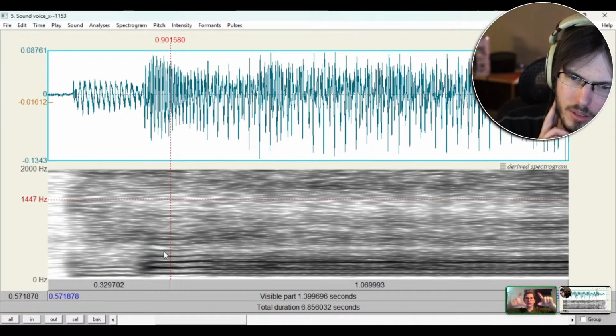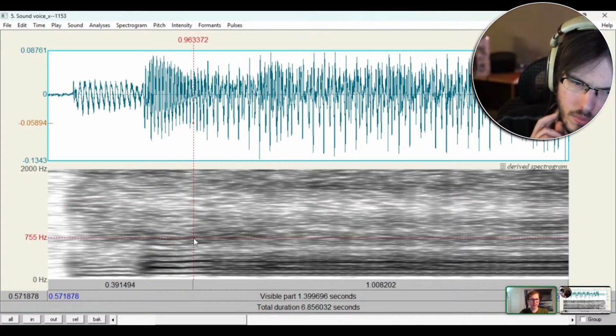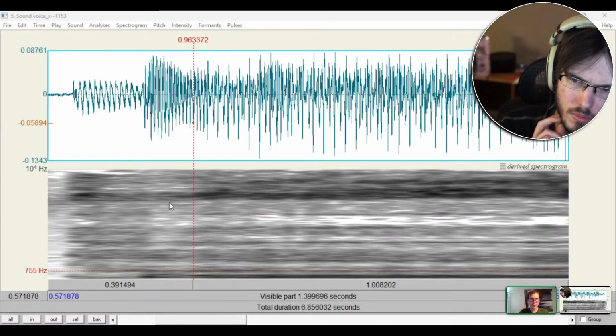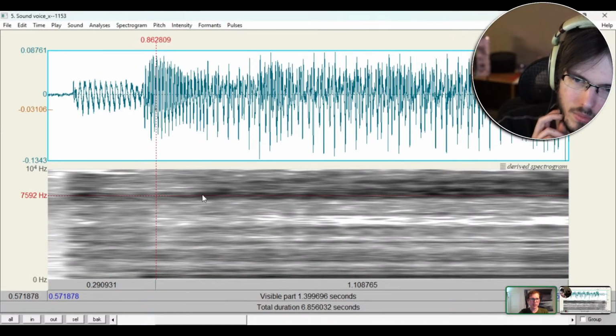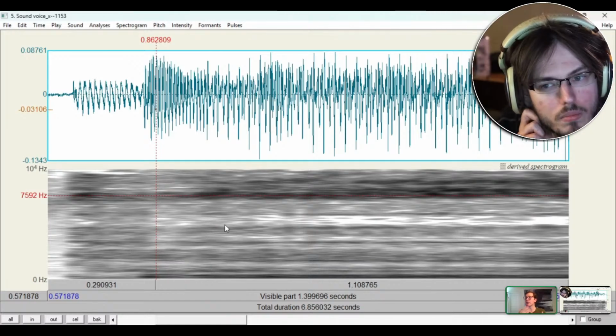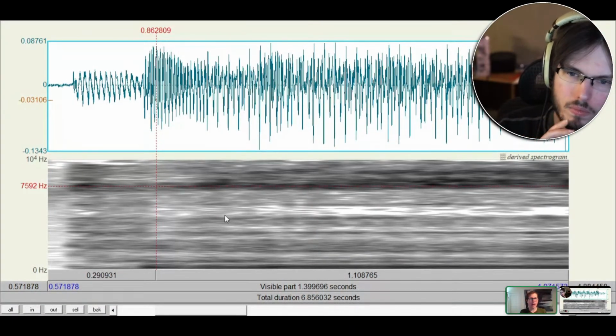So in this voice, we're not seeing tons of energy above 750 hertz. Though if we were to look all the way up to 10,000, we actually find more energy coming back in closer to 7,500 hertz, which is not where we usually think of the voice as exerting a lot of control over what frequencies are amplified.